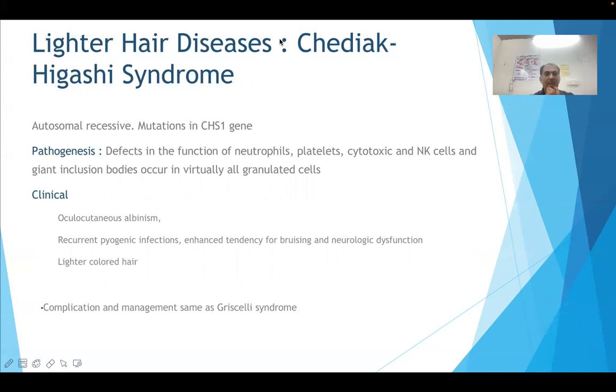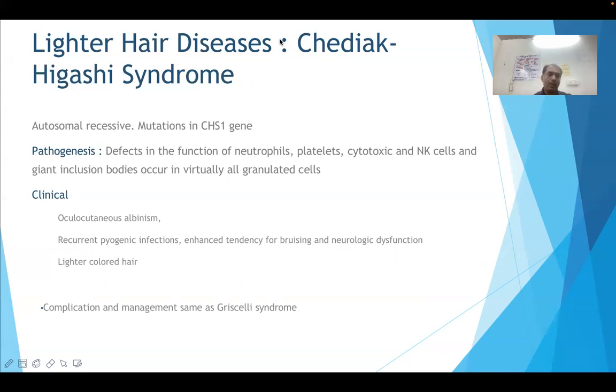The next part of the disease is the Chediak-Higashi syndrome. These all diseases are those which manifest as lighter hair disorders. Autosomal recessive inheritance, CHS1 gene, the pathogenesis lies in defects in the function of neutrophils, platelets, the cytotoxic and the natural killer cells.